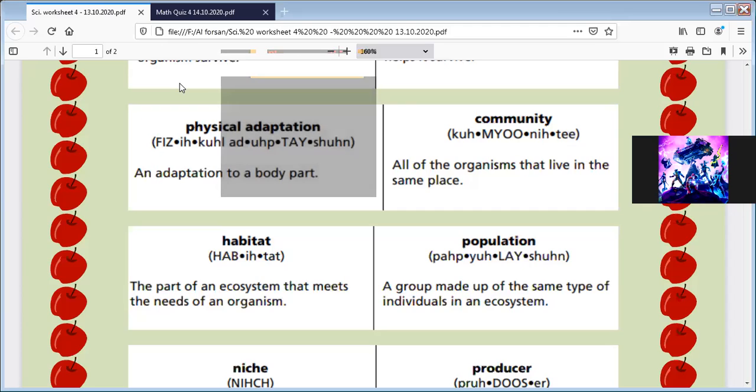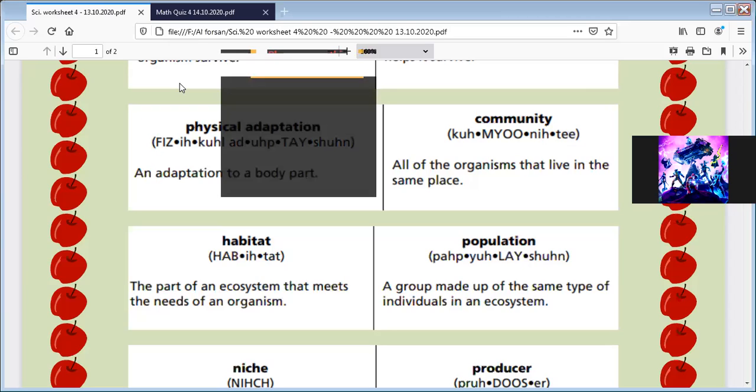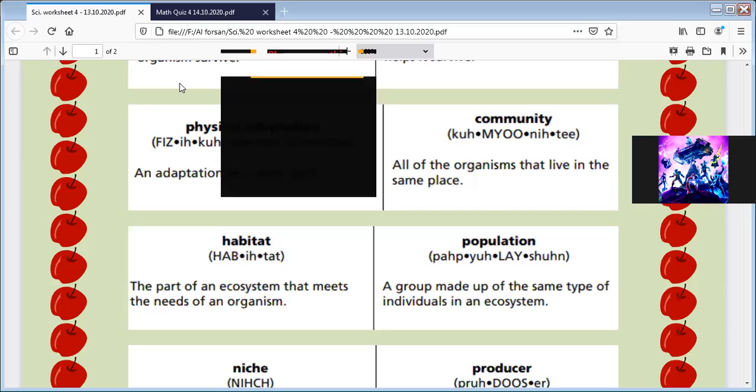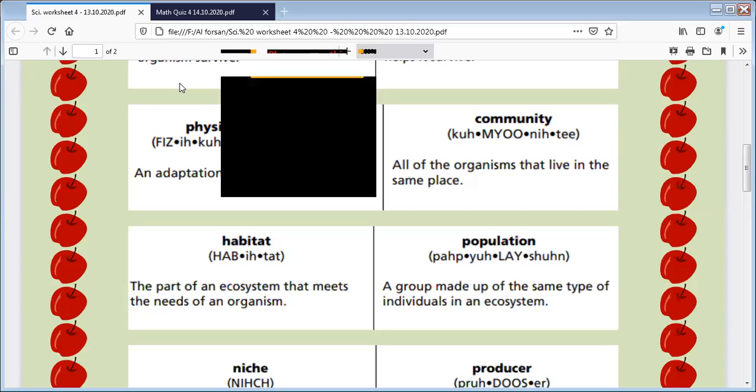Like, if you find a group of lions, it's called a population. The group of tigers is another population. The group of monkeys, population. All of that form a community. Okay.